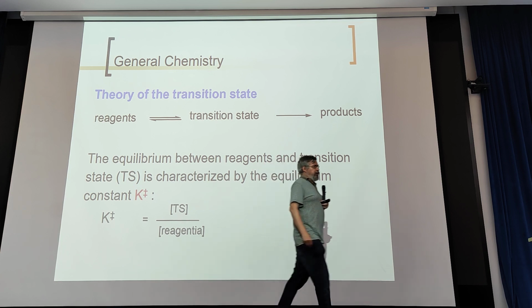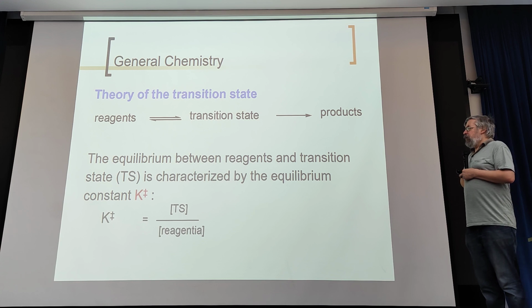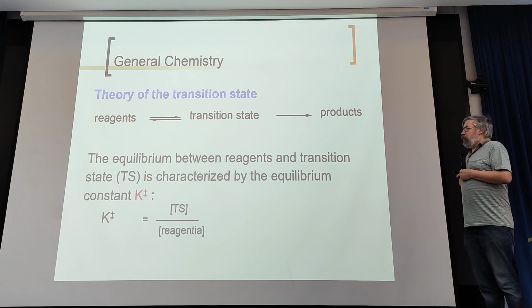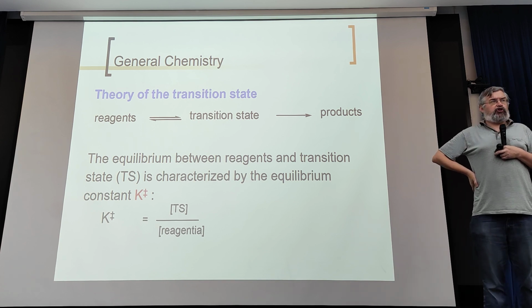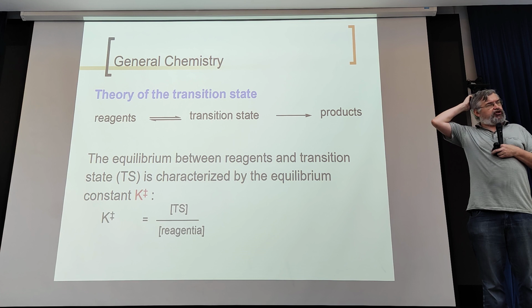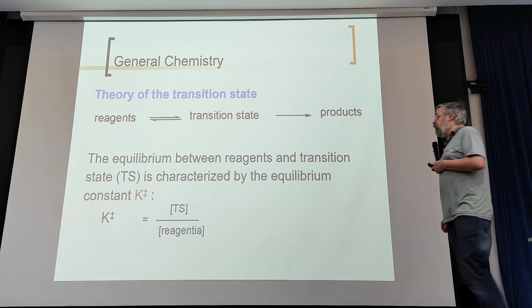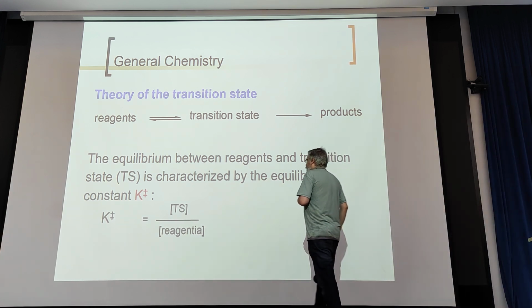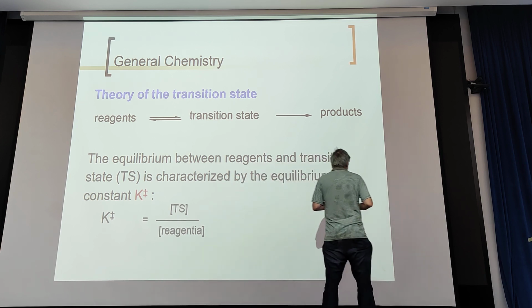Now we can write the equilibrium constant, and typically the equilibrium constant is the ratio of the concentrations of the products over the concentration of the reagents. Sometimes the exponent is there according to the coefficient of the reaction. So we divide the transition state concentration by the reagents.